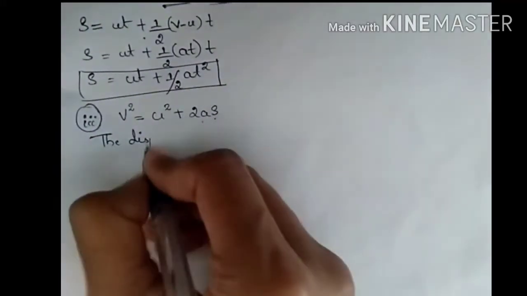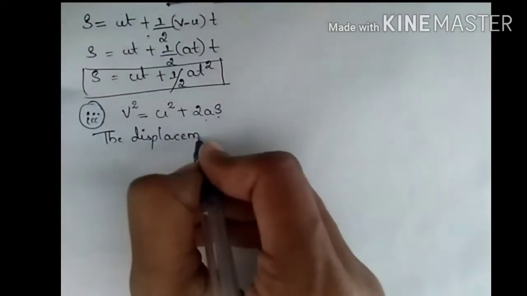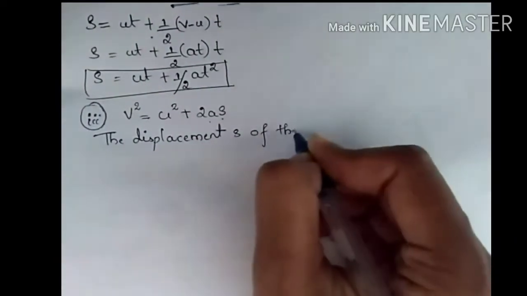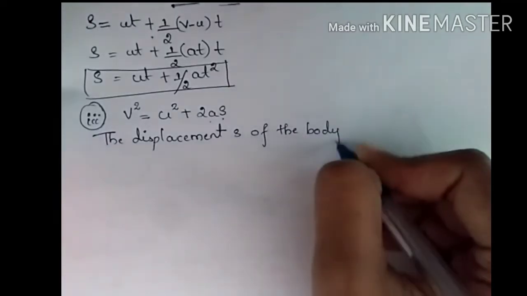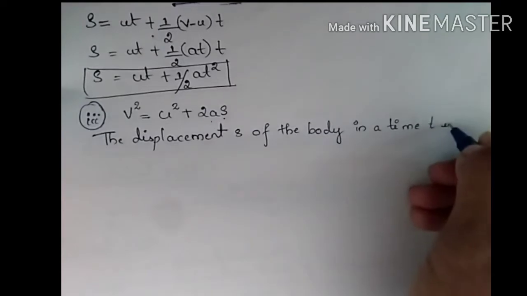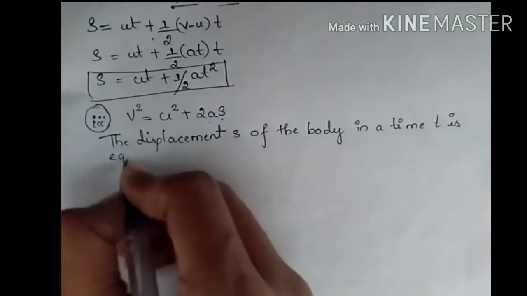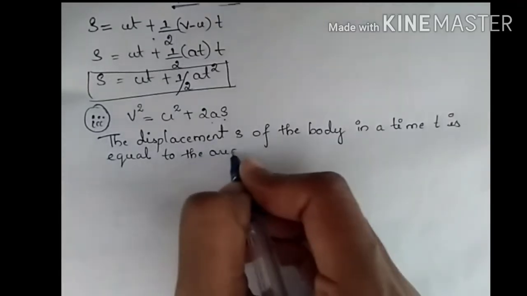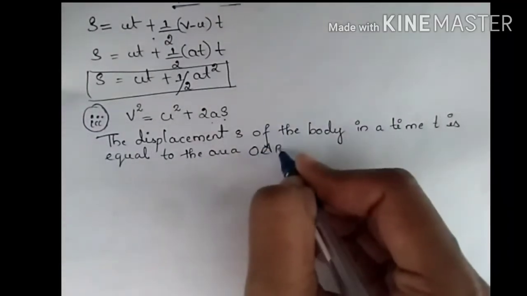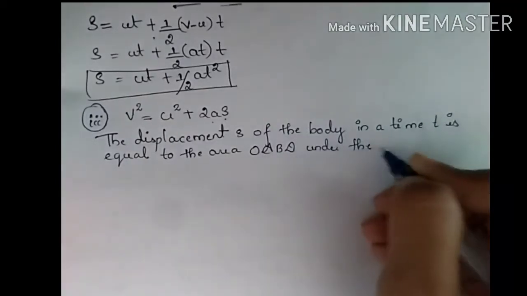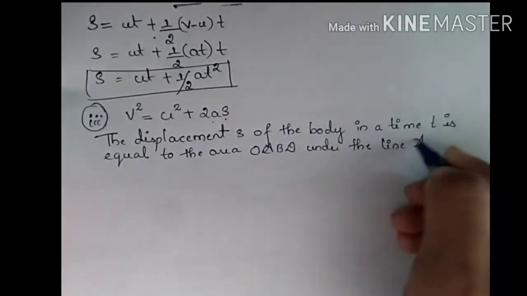The displacement S of the body in a time t is equal to the area OABD under the line AB.